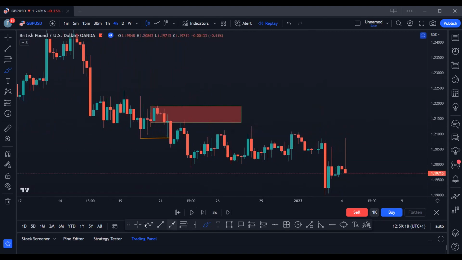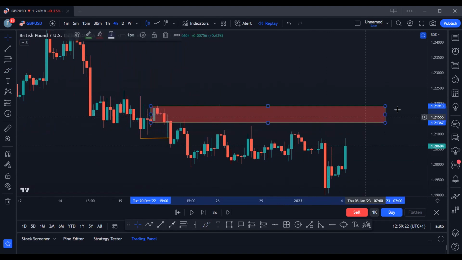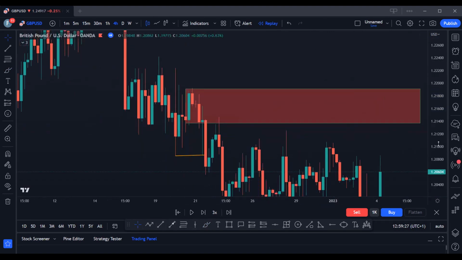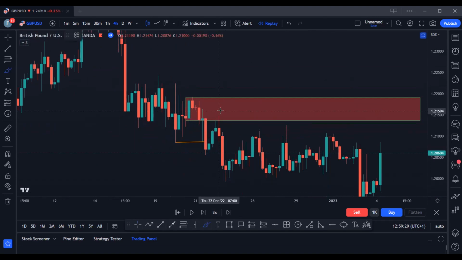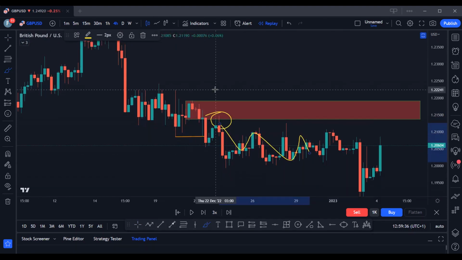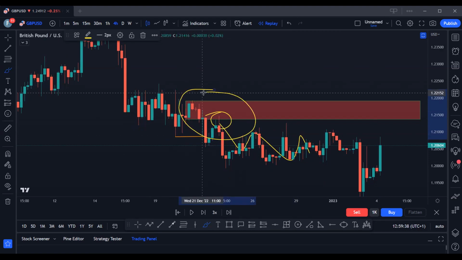All right, so for this particular scenario, you can see price dropping from this resistance here, dropping all the way down. This particular drop was influenced by the activity of this resistance. Okay, are we together, guys?